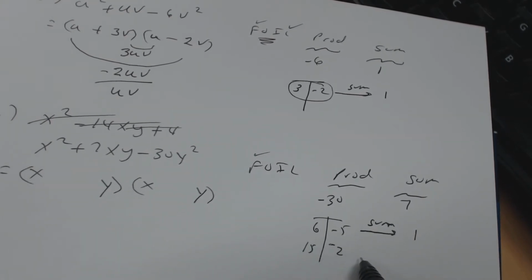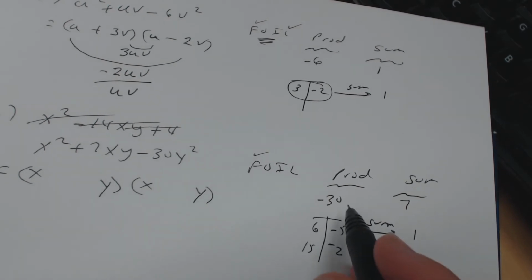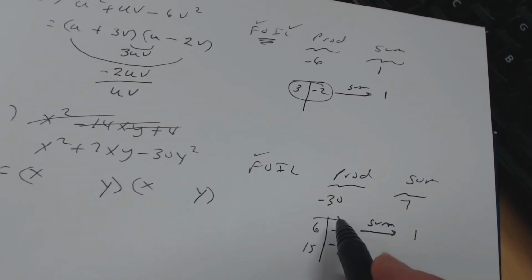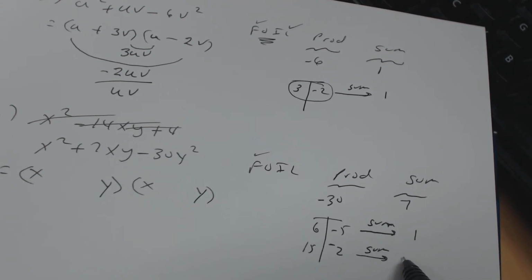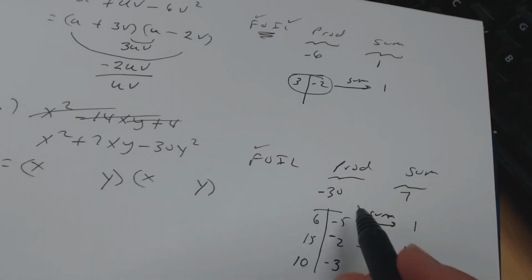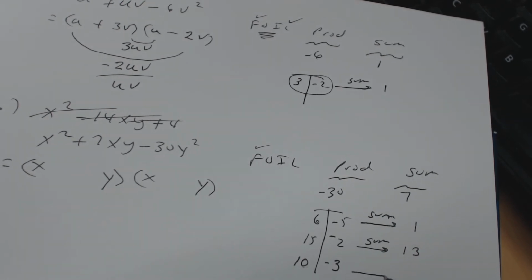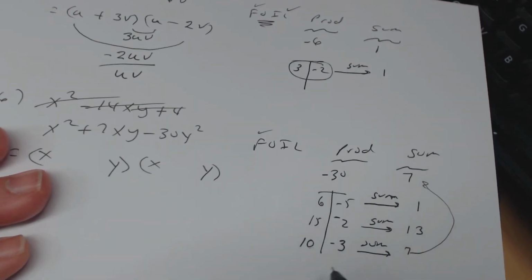That's not going to work either, because although 15 times a negative 2 is a negative 30, my sum in this case is 13. So let's say 10 and negative 3 instead. 10 times negative 3 is a negative 30, that is true. And when I add them up, I do get 7, which is what I wanted. So there are my two numbers.